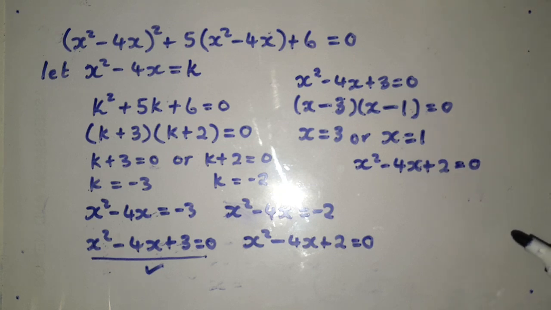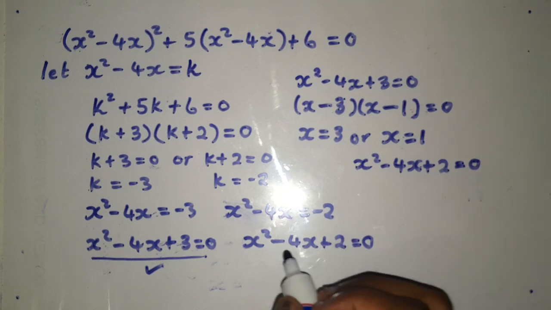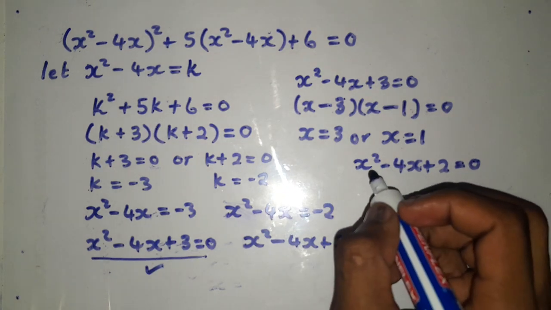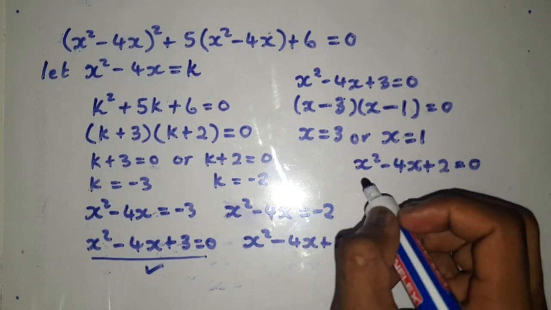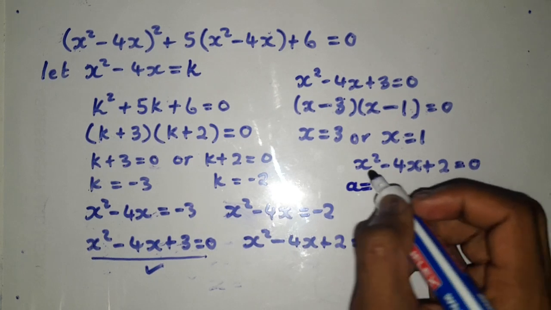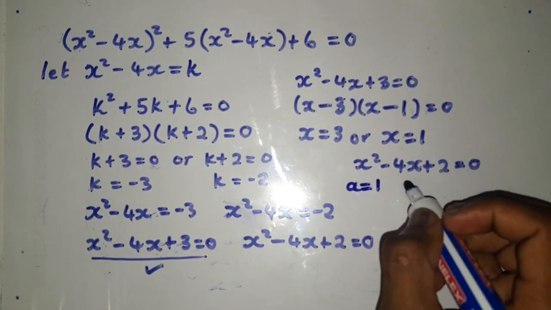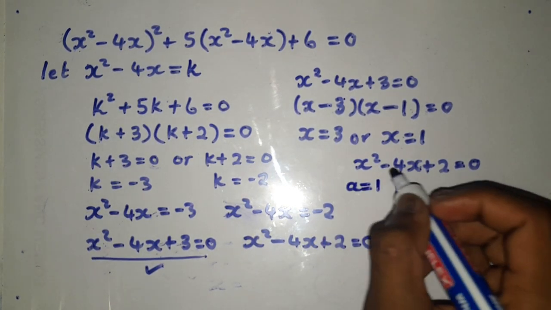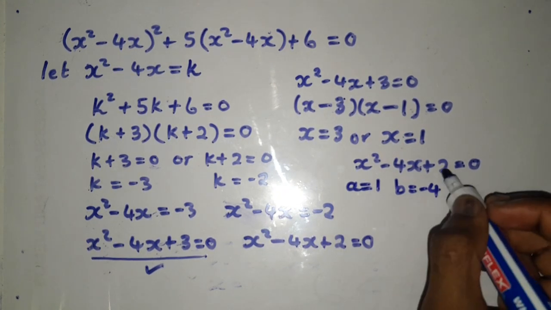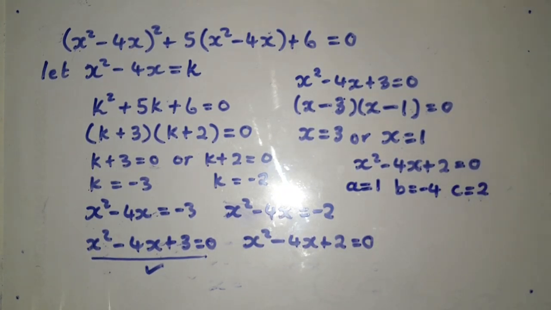Do we have the factors of 2 that make up 4? It's not easy for us to do so. But let us use the quadratic formula for this one. Our a value is going to be the coefficient of x squared, which is 1. b value is going to be minus 4. Our c value is going to be that 2.